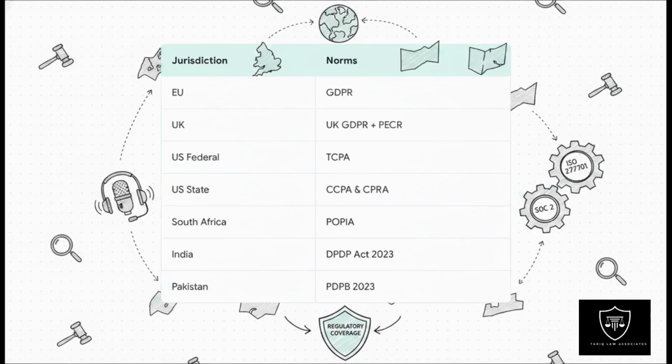Looking at the US, you've got federal TCPA, but also tricky state-level laws like California's CCPA and CPRA. Moving around the globe, South Africa relies on POPIA, India has the DPDP Act of 2023, and Pakistan has the PDPB 2023. You absolutely have to know which rulebook applies the second that call connects, all supported by frameworks like ISO 27701 and SOC 2.